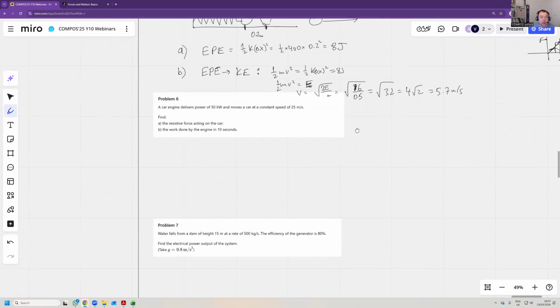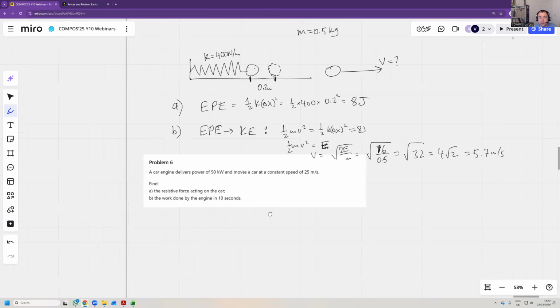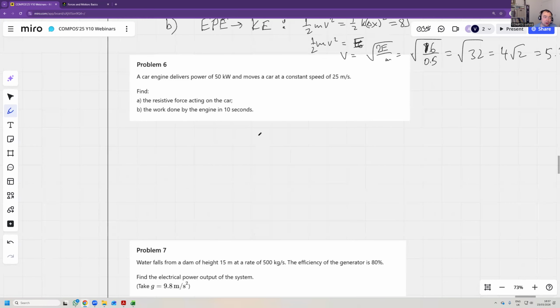Moving on. A car engine delivers a power of 50 kilowatts and moves the car at a constant speed of 25 meters per second. So let's talk a little about power. Power is work divided by time. But work is force times displacement, divided by time.